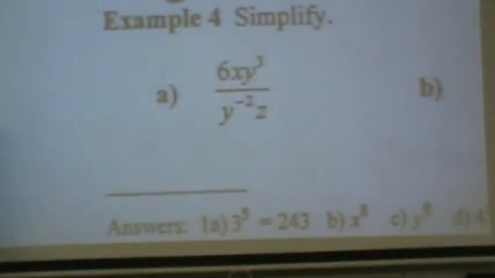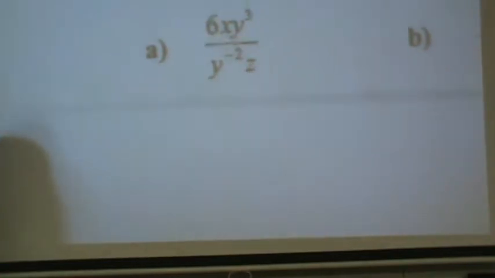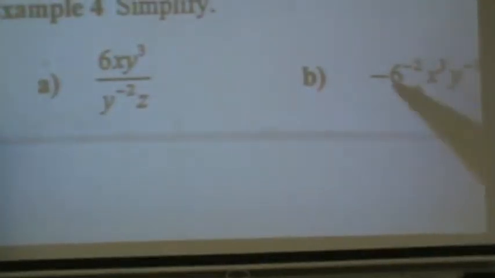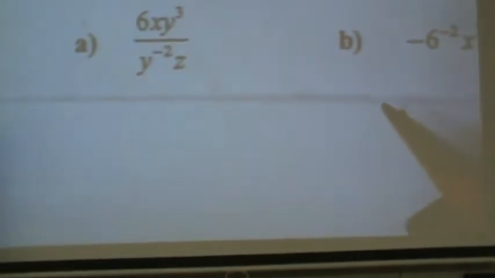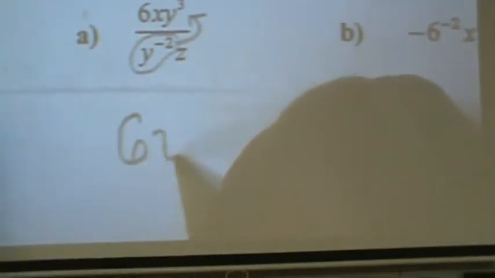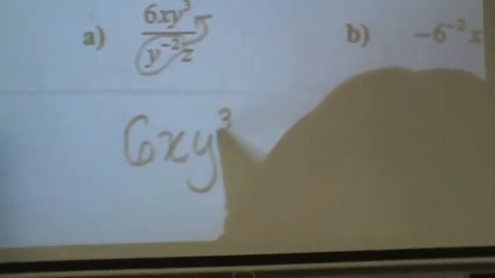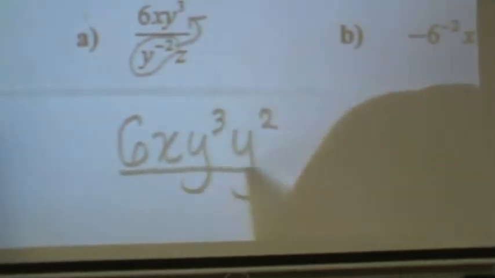And we have example 4. Wow. Okay, now we're adding some stuff. Move the y up and combine like terms. Thank you. Now you're gonna start here. See this y to the negative 2? We're gonna drag it up top. This is gonna become y to the positive 2.